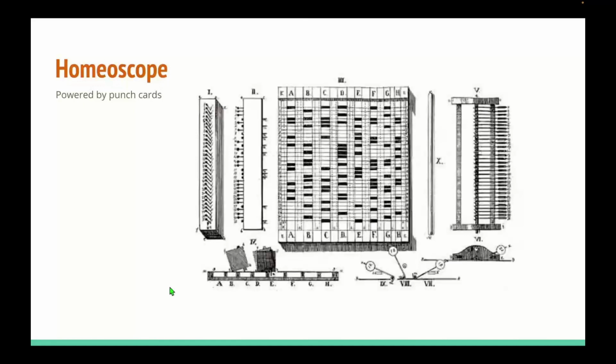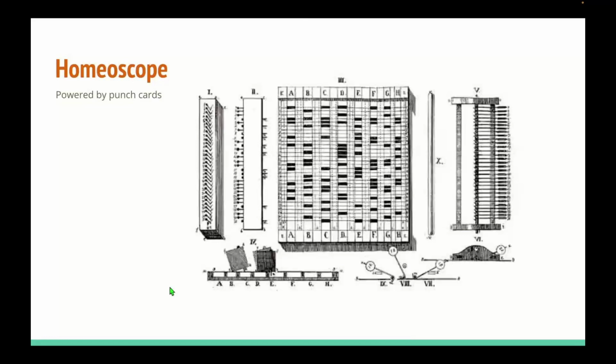Medicine, again, was a really big industry that wanted to store data. Someone invented this tool called the homeoscope. There are other folks who invented a thing called the analytical engine. I think his name was Charles Babbage. But they all had the same gist.